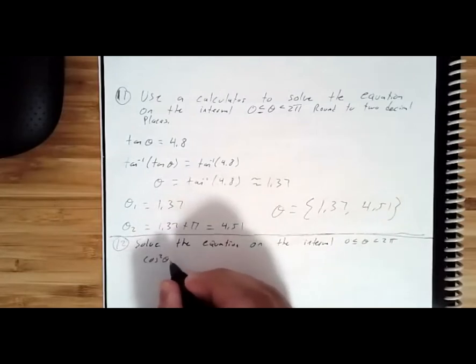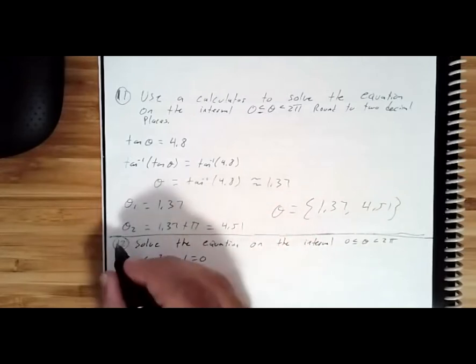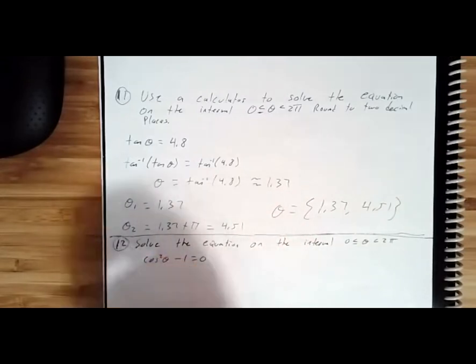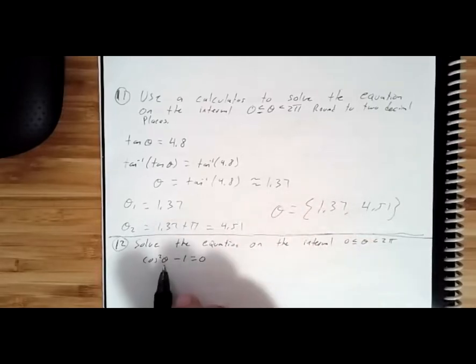Cosine squared theta minus 1 equals 0. Now, we could use an identity here, right? You recognize which one this is?